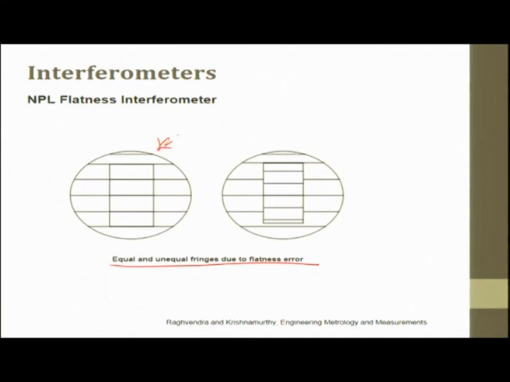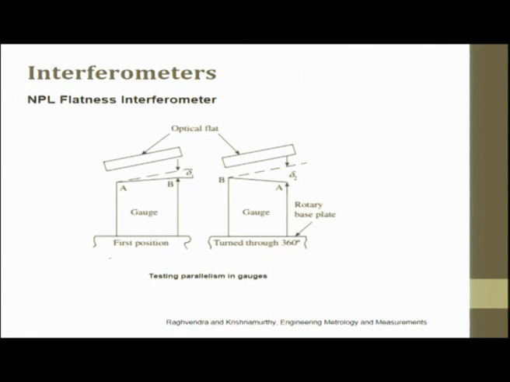This is a flat surface, this is an error surface. Now you can see the number of fringes and the distance you measure, and from that you can find out the error. So, the NPL flatness interferometer works like this.